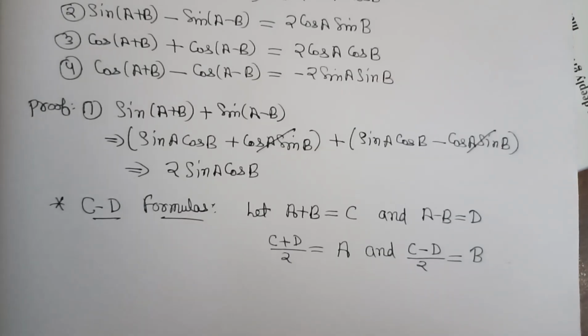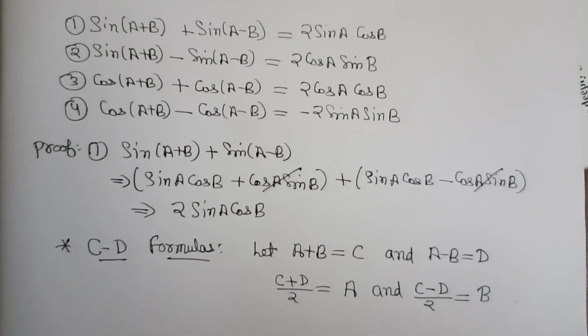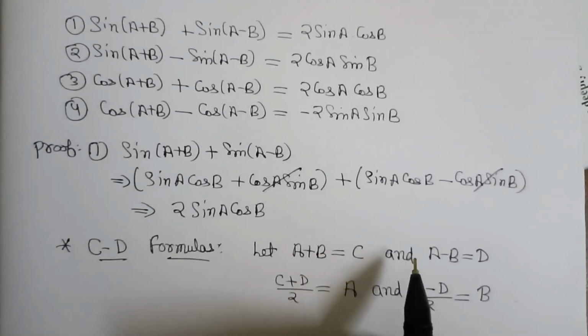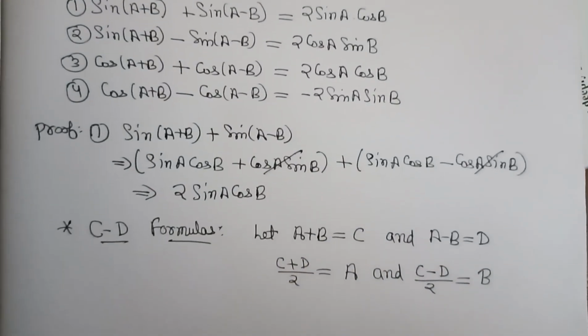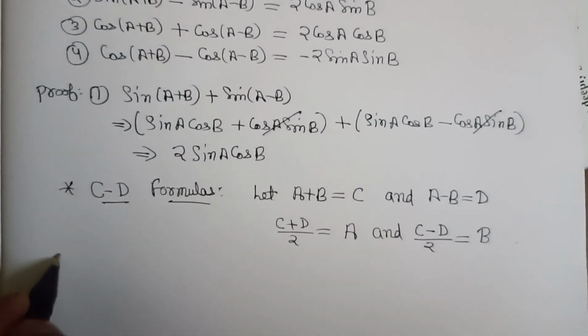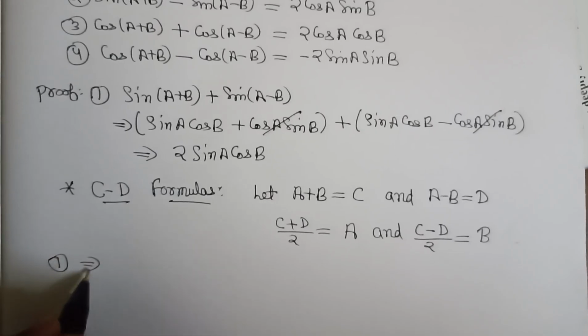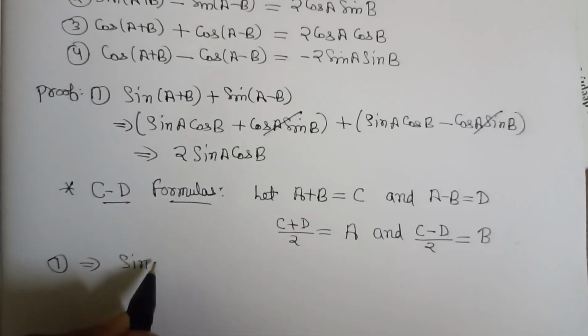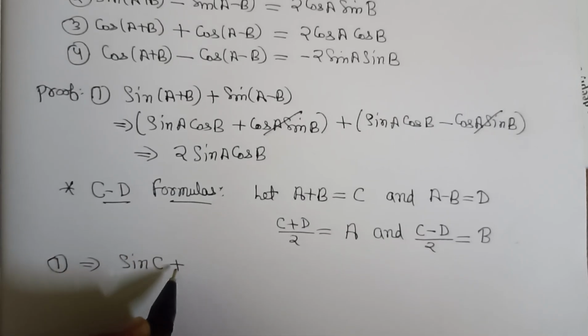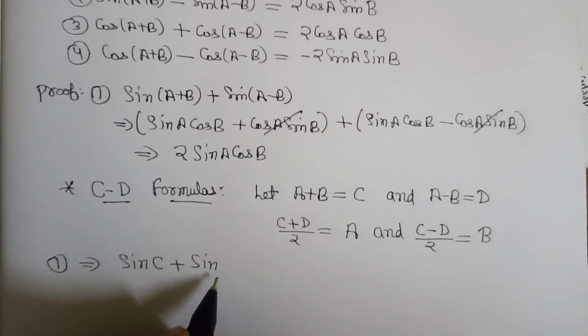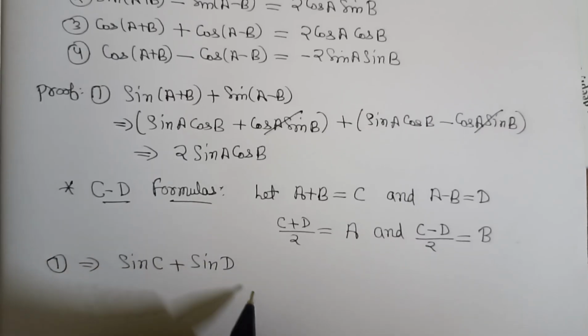Whatever formula we have, we are going to substitute these values. So our first formula becomes sin(a+b), a plus b is c, plus sin(a-b), a minus b is d.